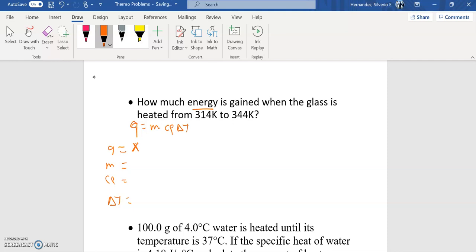When they raise the temperature of the glass from 314 to 344, so now 344 Kelvin is my final temperature. I need to subtract that by 314. Sorry about that, the other pen's kind of acting up on me here.